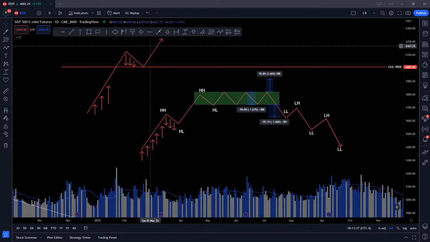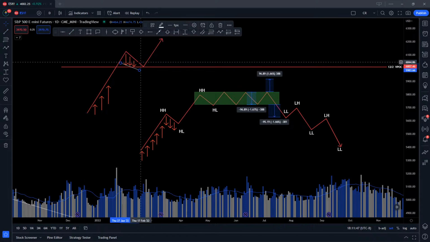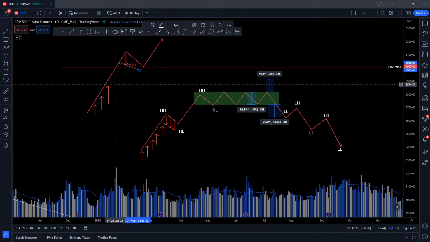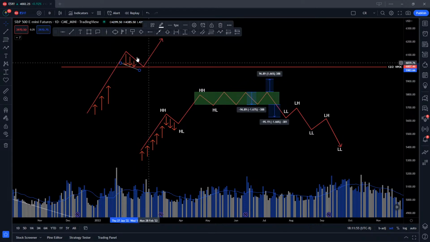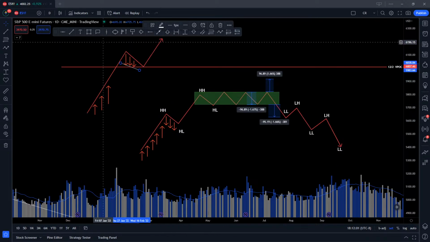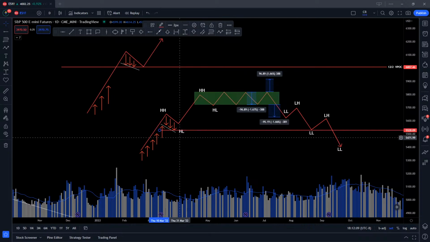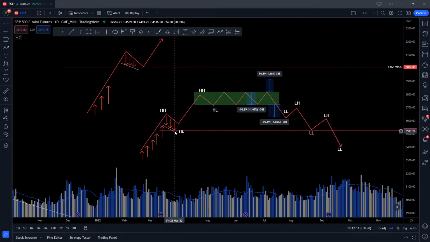And so what's actually happening is instead of entering when we cross above the flag and possibly getting faked out, market makers know that retail traders trade bull flags and bear flags. Market makers don't trade bull flags and bear flags. So what we're doing is when this flag forms and it retests our level here, we're actually entering at the bottom of the flag and playing it up.